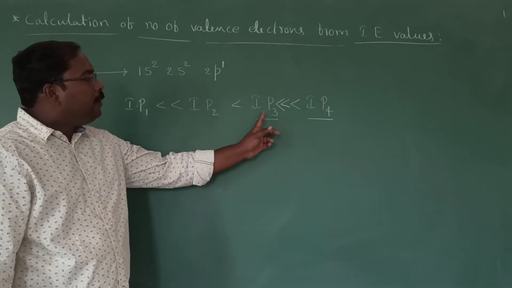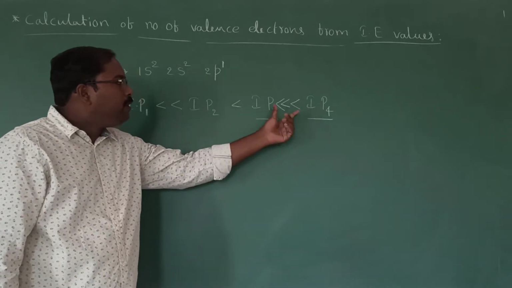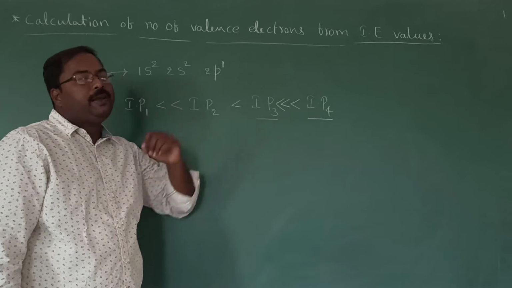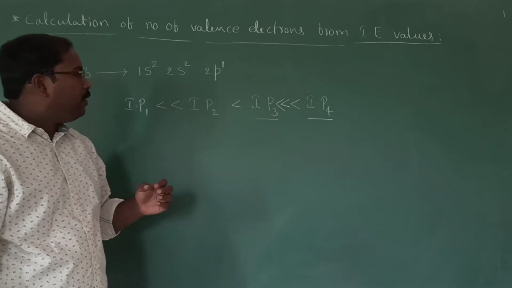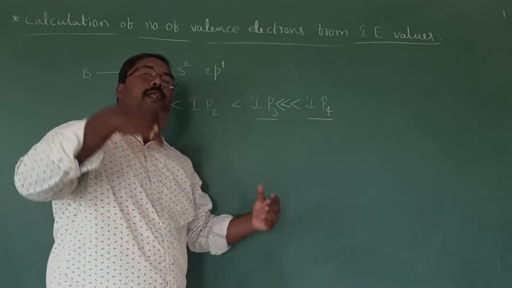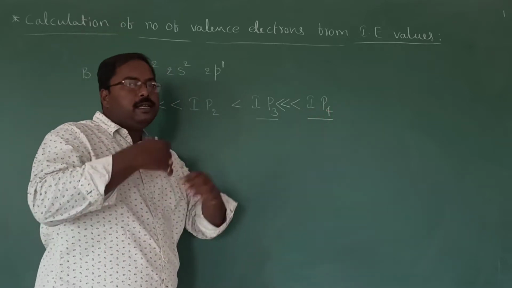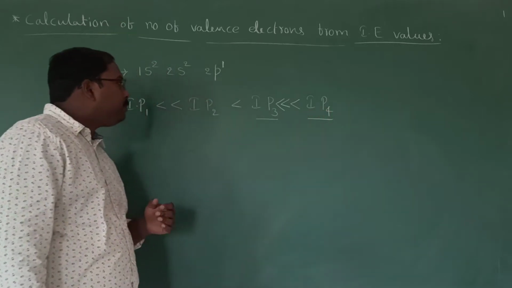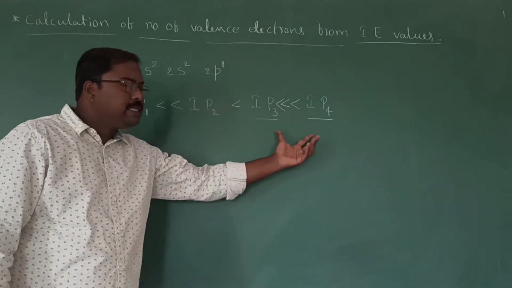There will be a large gap between the values. For example, if IP3 is 3000, IP4 may be 11,000. So why is that much difference observed?